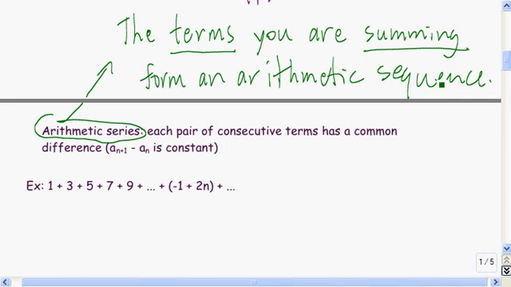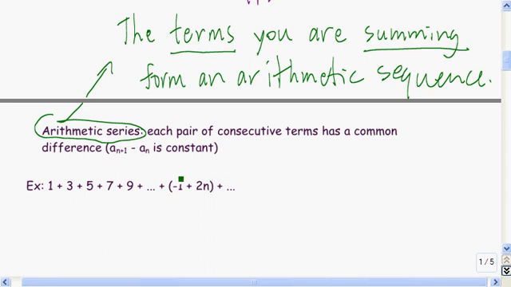Here we can see the first term is 1, the second term is 3, that's 2 units higher. The next one is 5, again 2 units higher, 7, 2 units higher, etc. Because the terms form an arithmetic sequence, the series is called an arithmetic series.